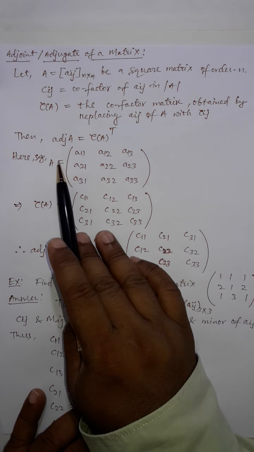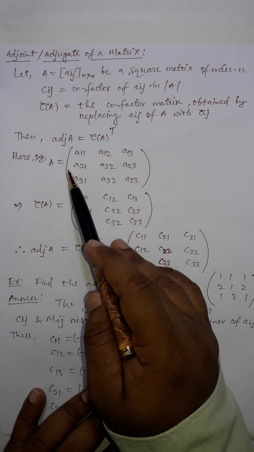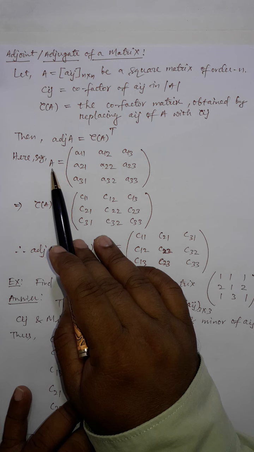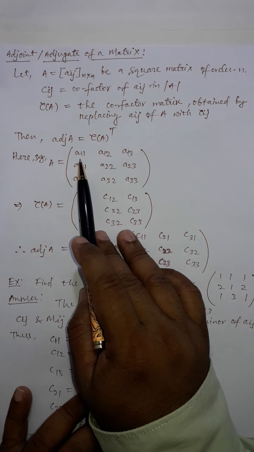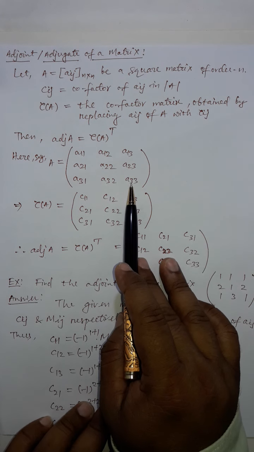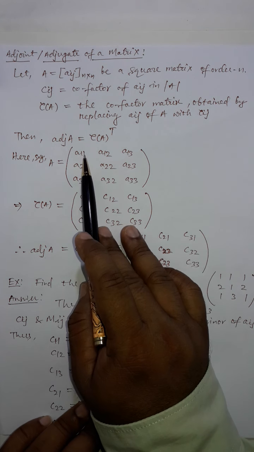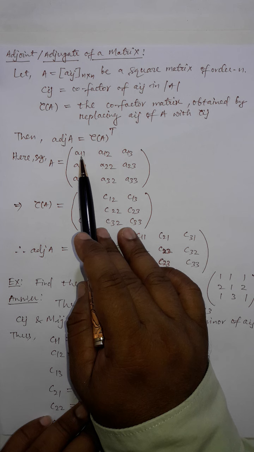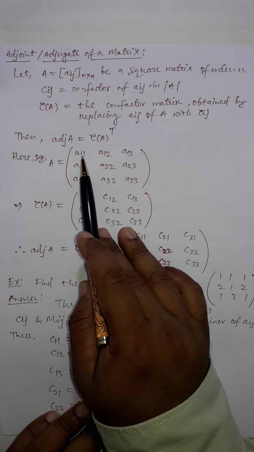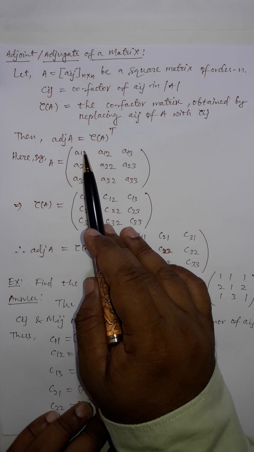Let us try to understand this through one example, friends. I am taking a 3 by 3 order square matrix A whose elements are A11, A12, A13 and so on, as you can see. The cofactor of the element A11 you can calculate by its formula, and by symbol it is C11. So what I will do now?